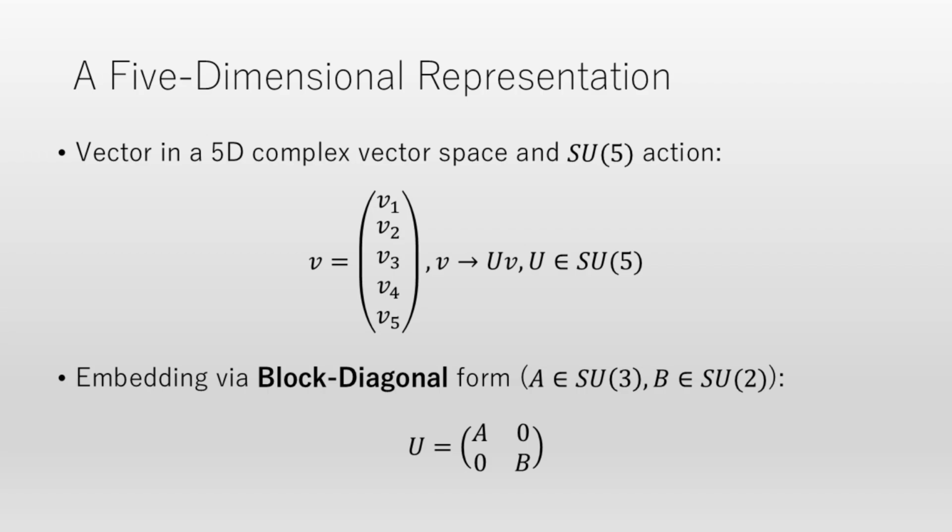The first 3 components of the vector transform among themselves under SU(3), while the last 2 components transform among themselves under SU(2). Because the off-diagonal blocks vanish, the 2 sectors do not mix. This provides a concrete realization of how the Standard Model symmetry can be embedded inside a larger SU(5) symmetry.